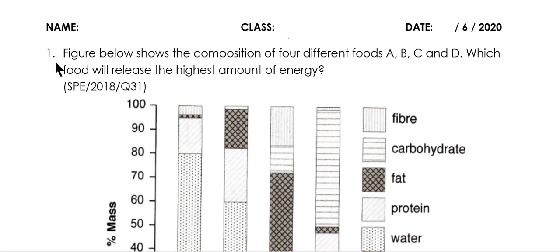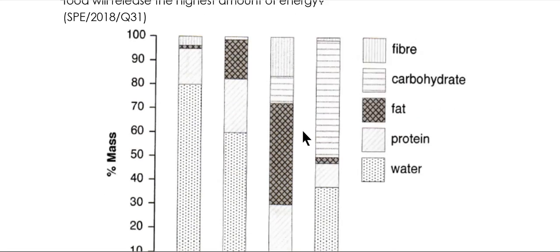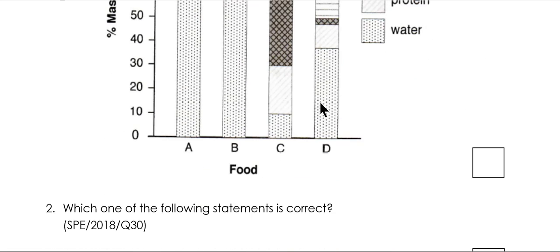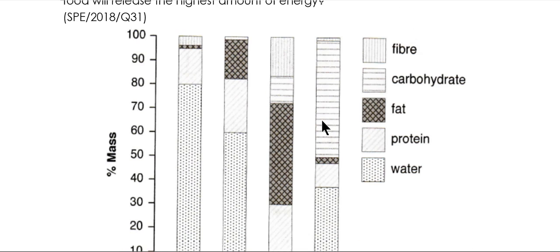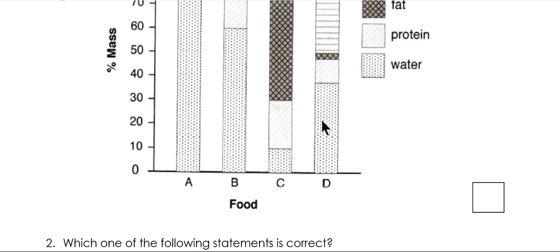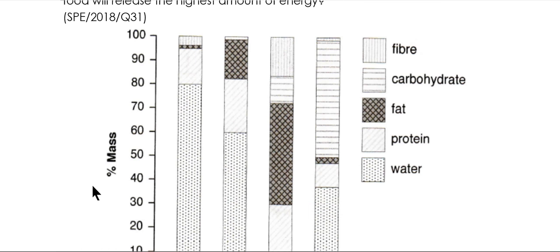Number 1, the figure below shows the composition of 4 different foods, A, B, C, and D. This is the figure they're talking about, and it's actually a bar graph. On the x-axis you have your foods called A, B, C, and D, and on your y-axis you have percentage mass.